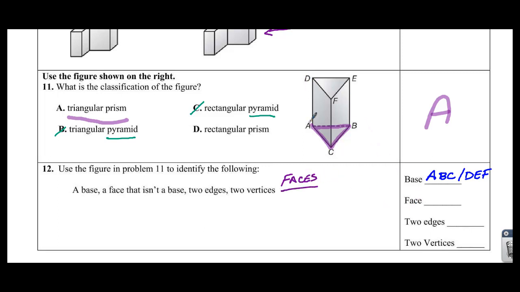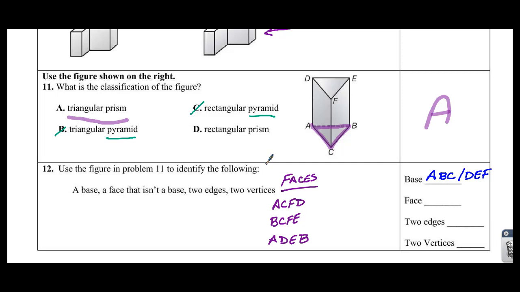I could have ACFD. I could have BCFE, or the very back of it, ADEB. Any one of those would have been acceptable.